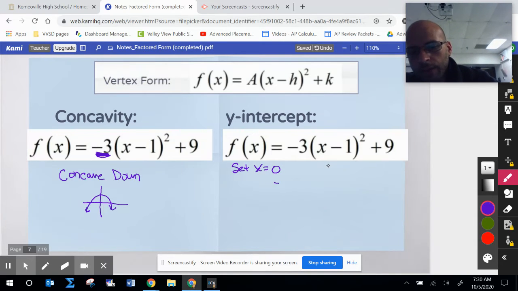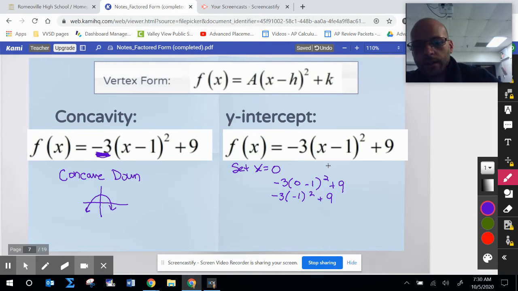So if I write my function and I reduce that function, now you have to use order of operations, so we're going to start with our parentheses. 0 minus 1 is a negative 1 squared plus 9. Negative 1 squared, now be very careful here, negative squared is always positive, so negative 1 times negative 1 is a positive 1.